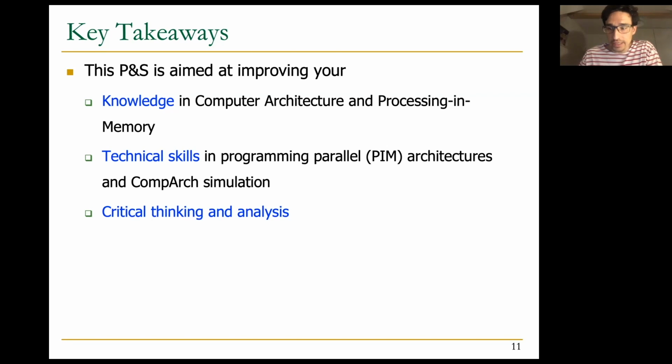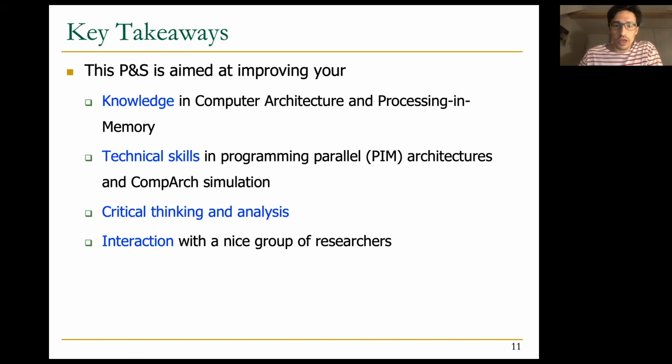And why is that? Essentially because what you're going to do with us is research. And whenever you have to do research, you need to have critical thinking. You need to be very careful with whatever you develop, whatever results you analyze, and this will for sure be very fruitful for you. You are going to interact with us. We are a large group of researchers.